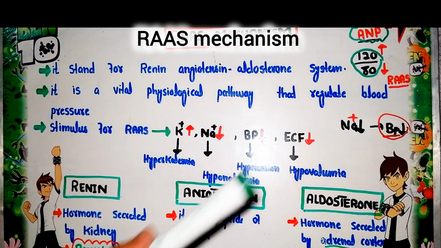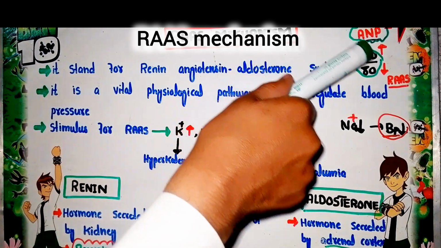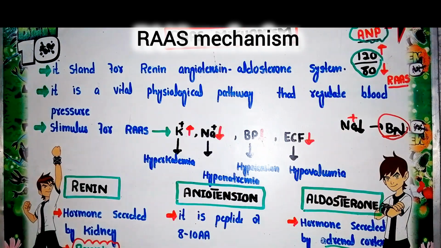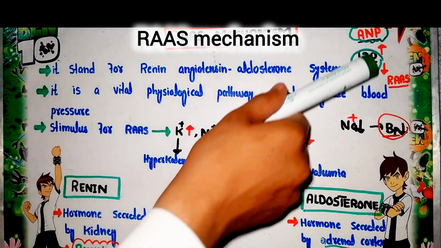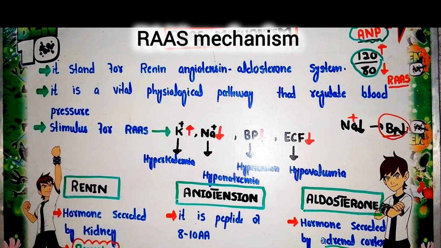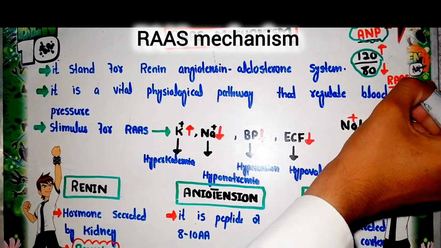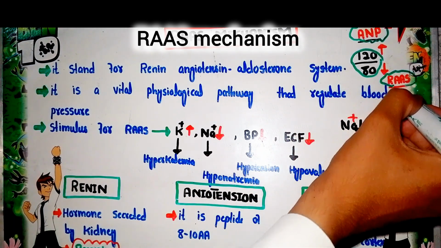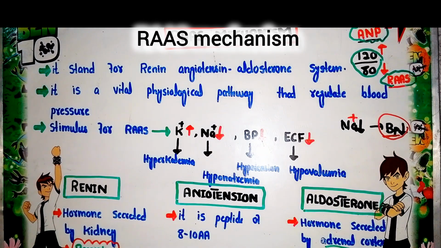This hormone tries to normalize the blood pressure. When the blood pressure drops from the normal value, the RAAS mechanism operates and tries to normalize the blood pressure. This is basically how the RAAS mechanism acts, or what the RAAS mechanism does in our body. So this is the RAAS mechanism.